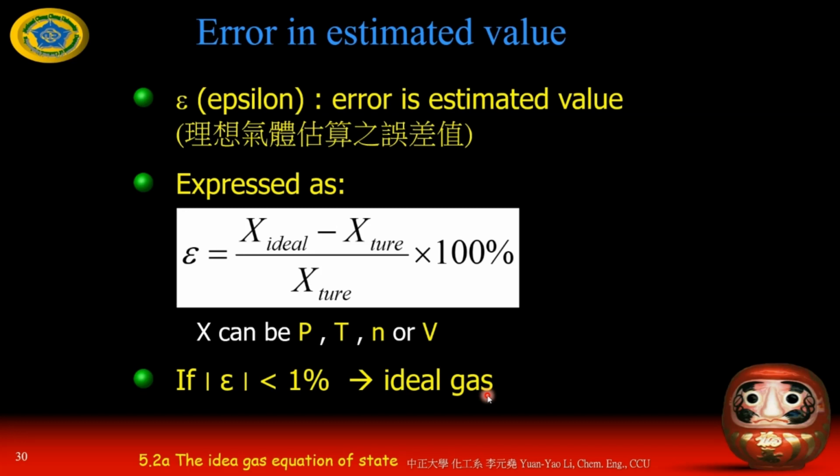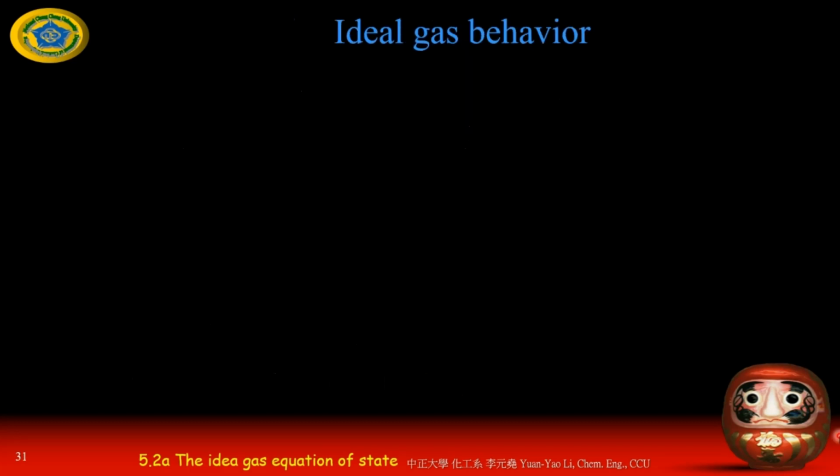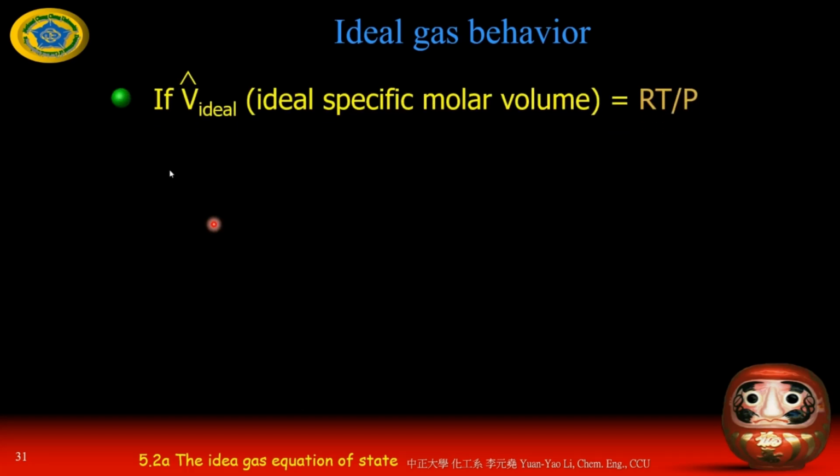If it is more than 1% or less than minus 1%, the gas is not regarded as an ideal gas in this condition. Yes, please. True is the measured value. Ideal is the calculated one. We will have an example later.